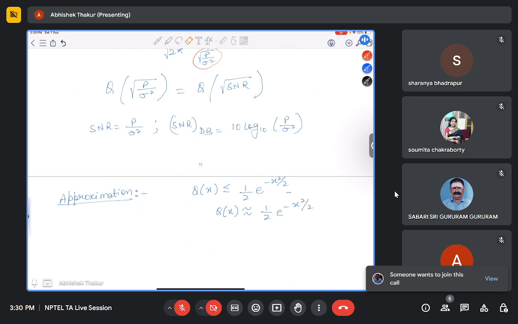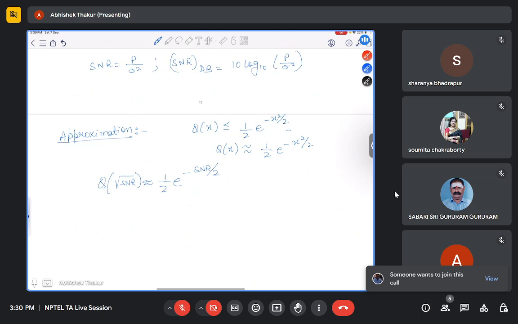So according to this approximation, we can write that it is approximated as half e to the power of minus x square by 2. So here x is square root of SNR. So minus of square root of SNR square by 2 will be minus SNR by 2.